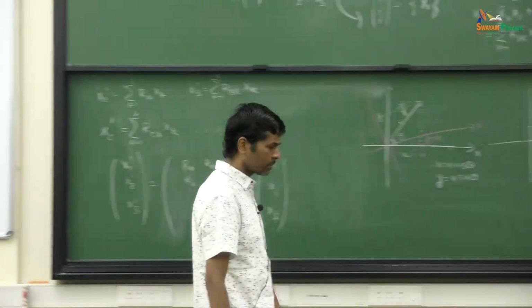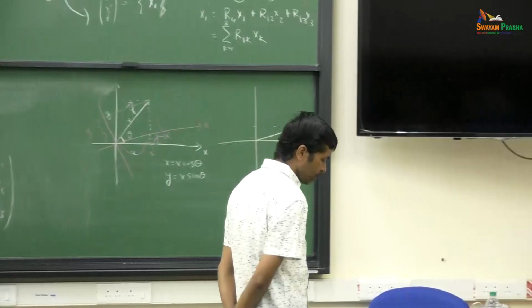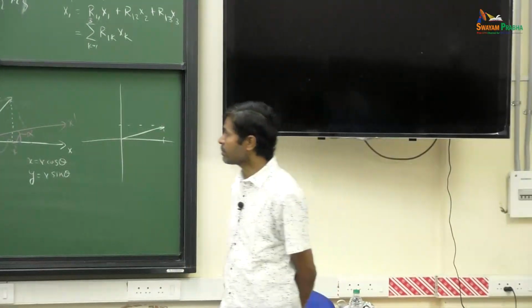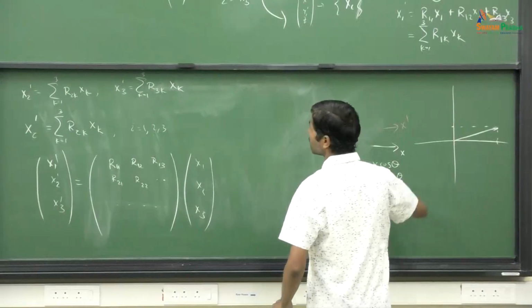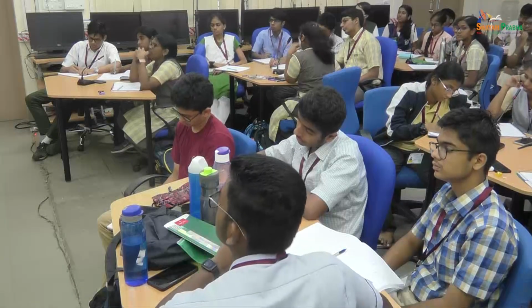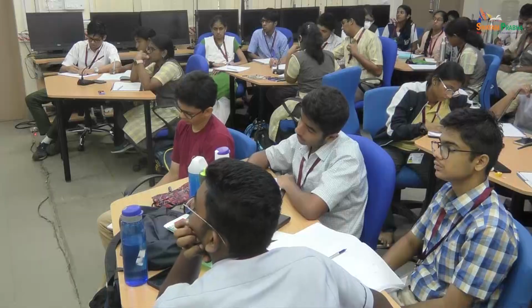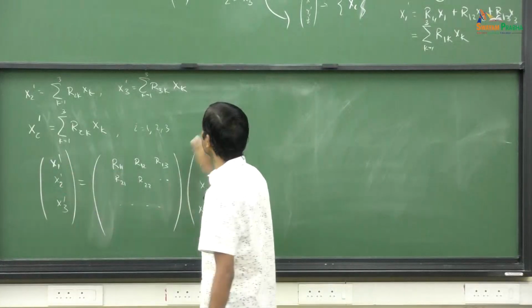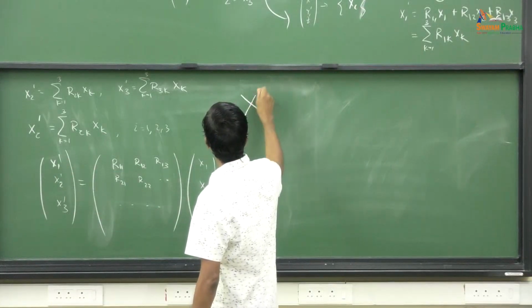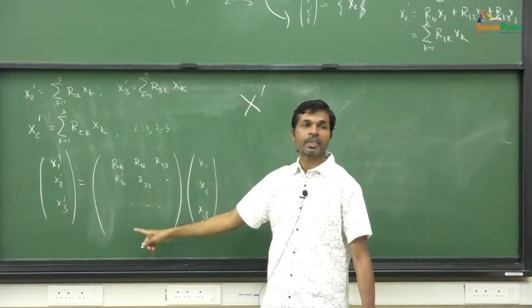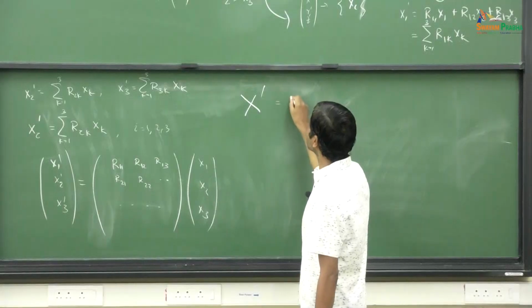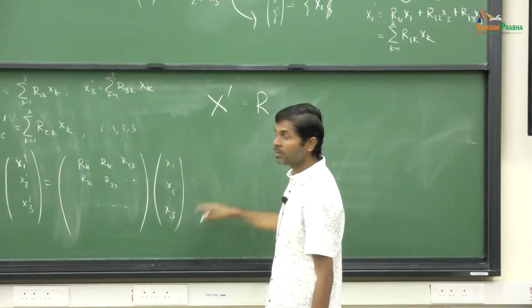So suppose I call this column vector x prime, and I will call this 3 by 3 matrix R, and this column vector x.